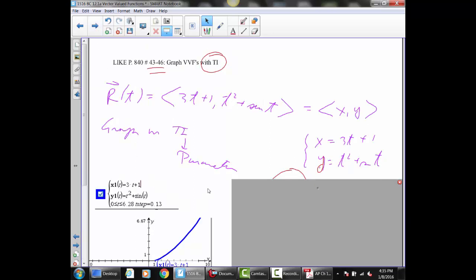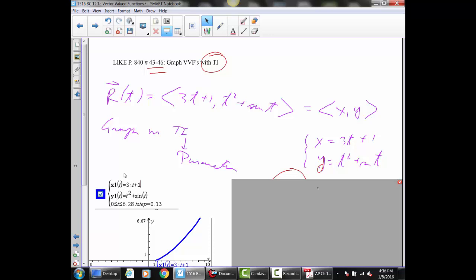Okay, now graphing them on your calculator. Again, as we said, they're parametric, so you'll put your calculator in parametric mode. So for example, if you did this one, 3t plus 1, t squared plus sine t. Now remember, it automatically comes up as t is between 0 and 6.28, which is fine for the sine part of this y of t, but that's not going to work for us.